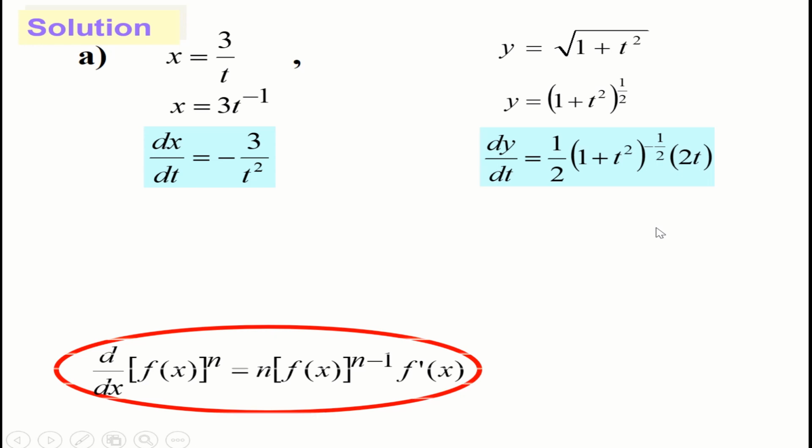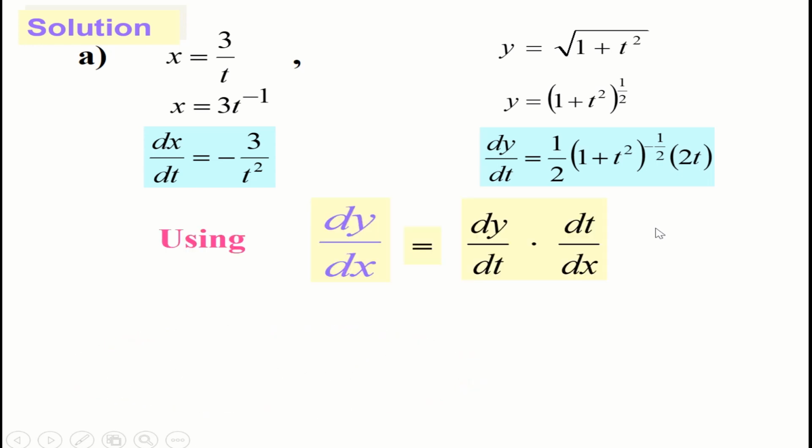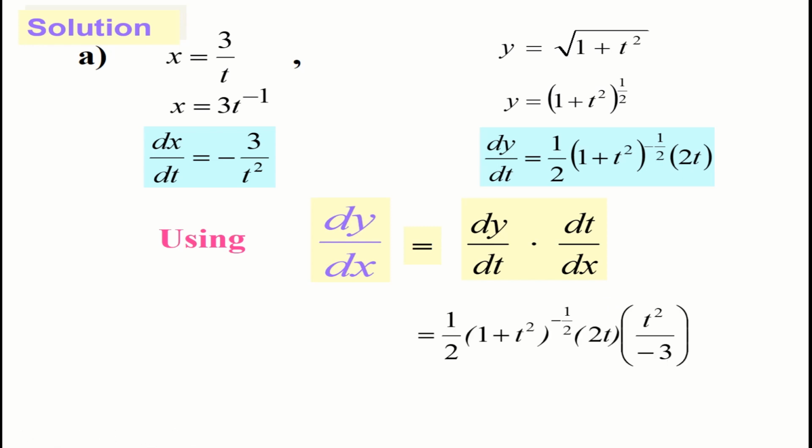Then, by using the chain rule, dy over dx equals dy over dt multiplied by dt over dx. So we substitute into this chain rule. dy over dt is 1 over 2, (1 plus t squared), power negative 1 over 2, multiplied by 2t, multiplied by dt over dx.